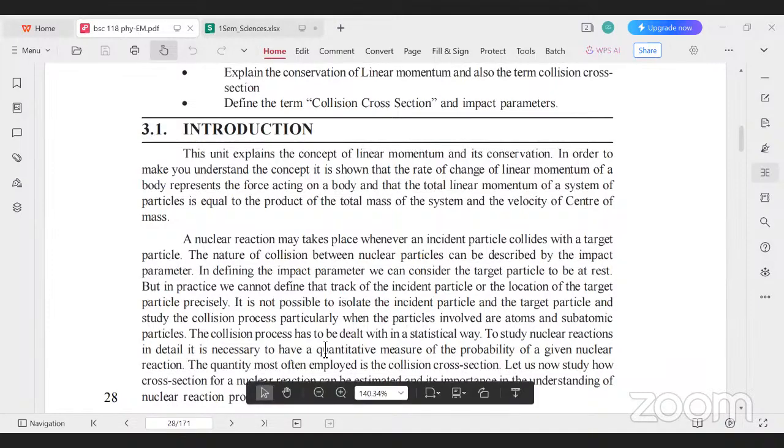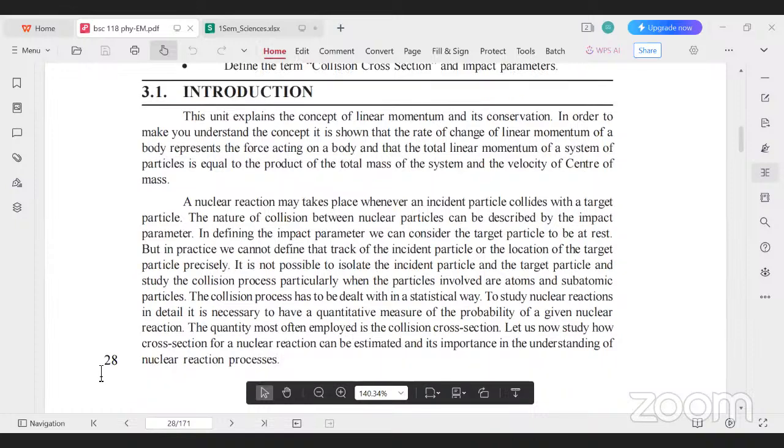The collision process has to be dealt with in a statistical way. To study nuclear reactions in detail, it is useful to have a quantitative measure of the probability of a given nuclear reaction. So they are explaining how the nuclear reaction takes place.